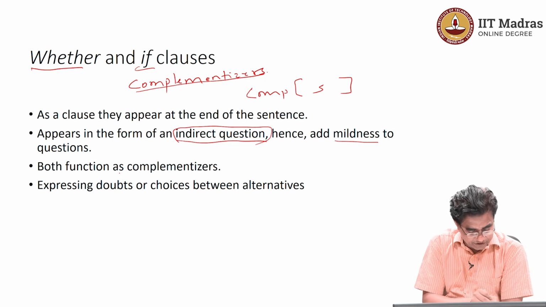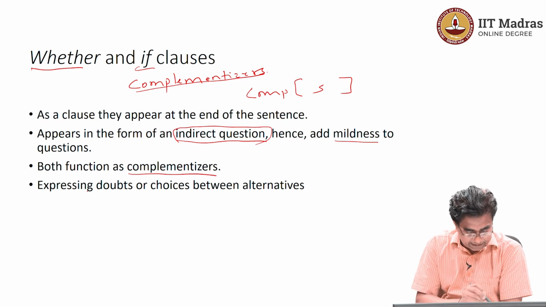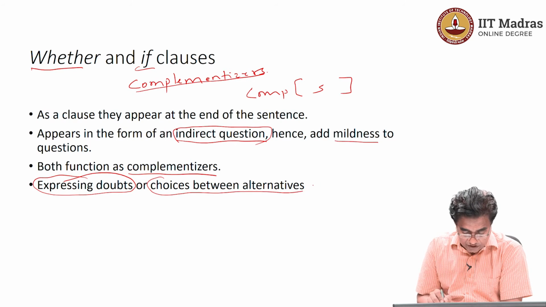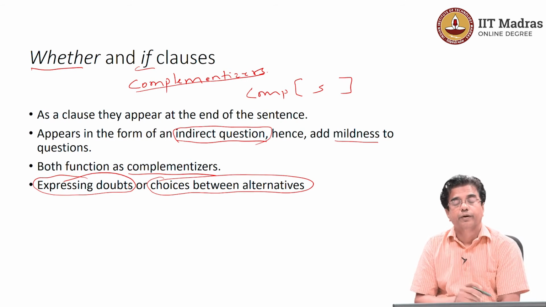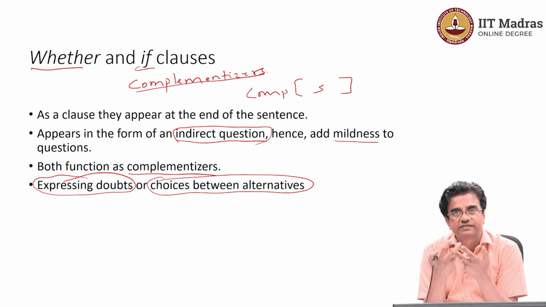I discussed this with you. Both of them work as complementizers, and the other function of this is that sometimes they are used for expressing doubts or offering alternatives. So either expressing doubts, offering alternatives, or using them as indirect questions.